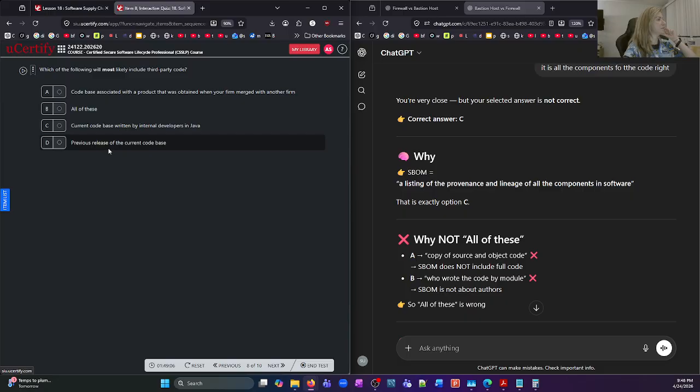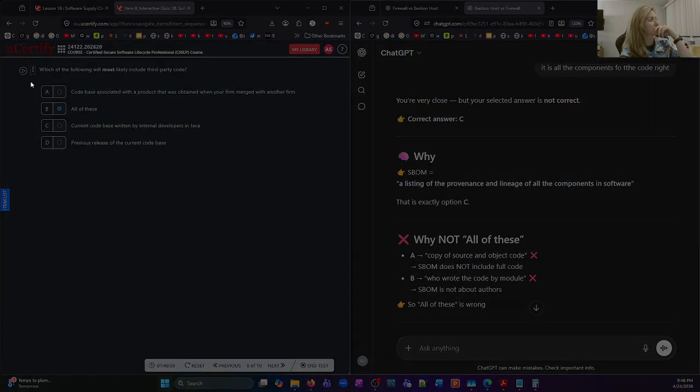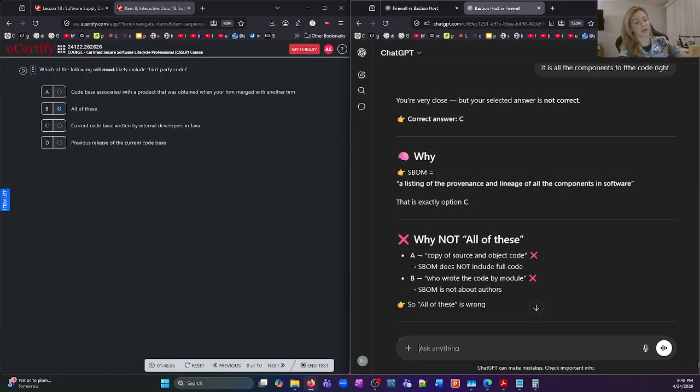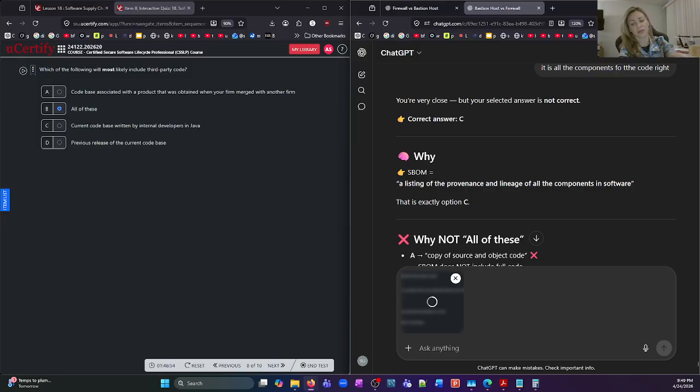Previous release, but they can use the libraries. So the libraries are third party. Internal codes are third parties.